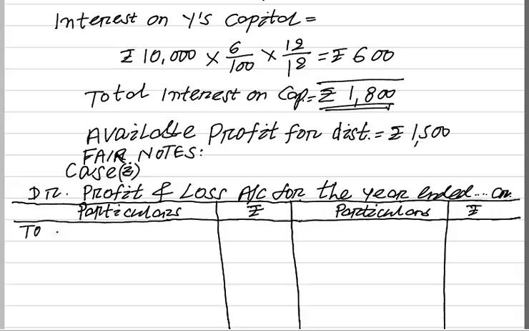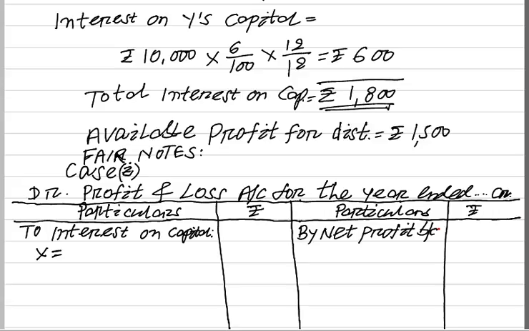To interest on capitals for X. Here you see by net profit brought down, 1500.